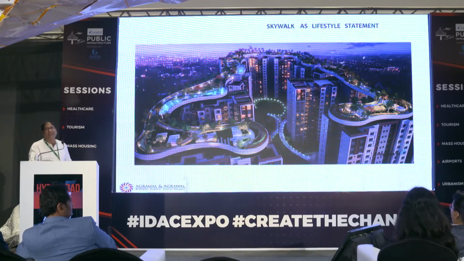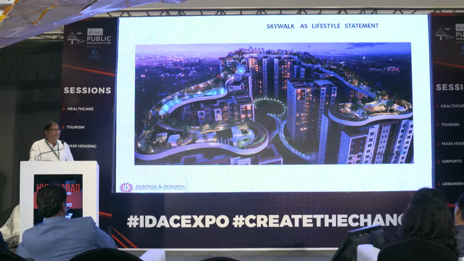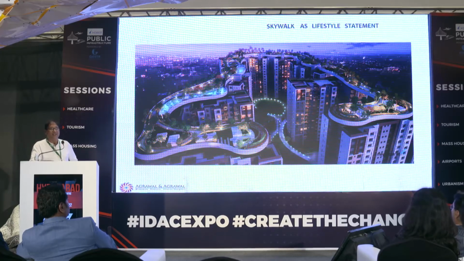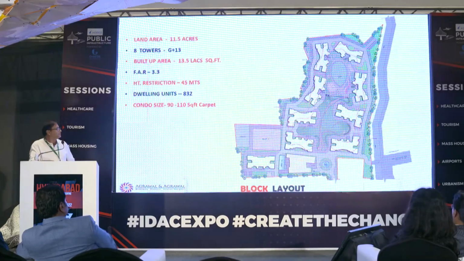Normally, the roofs are unutilized, and basically it's a burden to a society to maintain. So what we did, we connected all 8 roofs and created a different world altogether on the top of the 8 buildings. So this was the idea which came to us, to give an additional facility, or rather transform the whole living condition into a high-rise project.